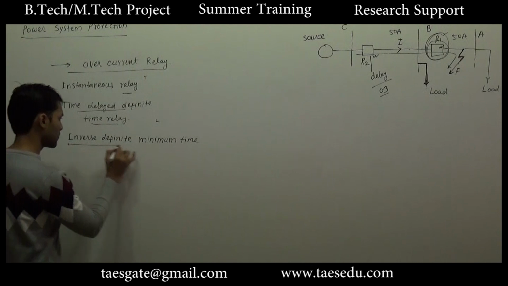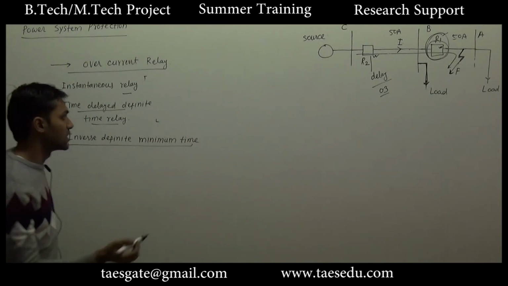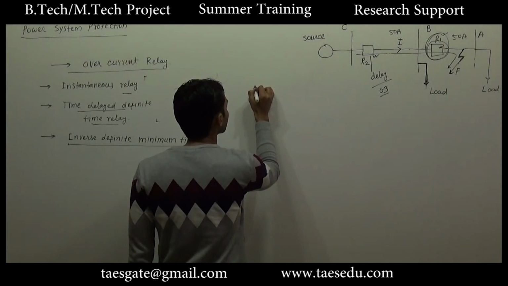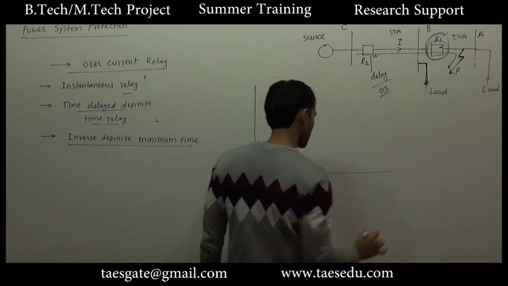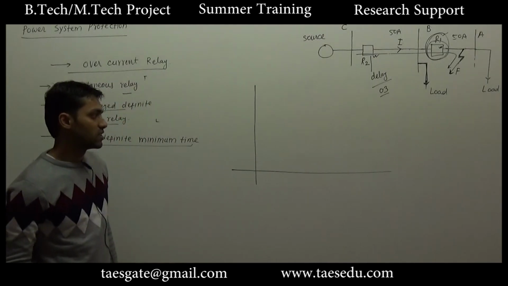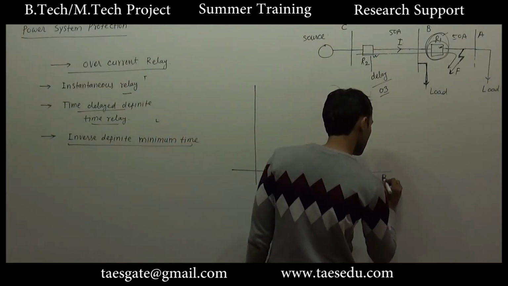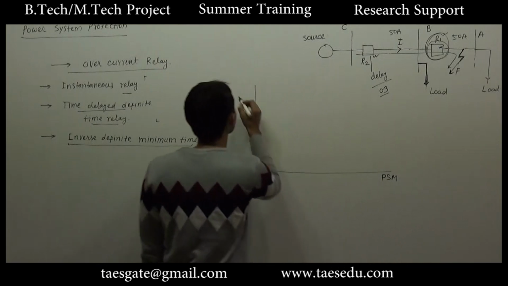This third type of relay has further three types, depending upon how fast the time of operation decreases with PSM, plug setting multiplier.